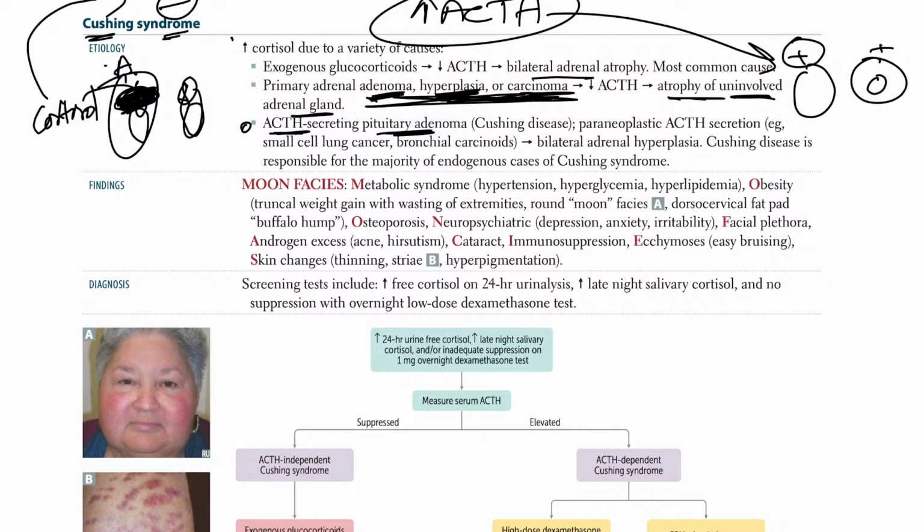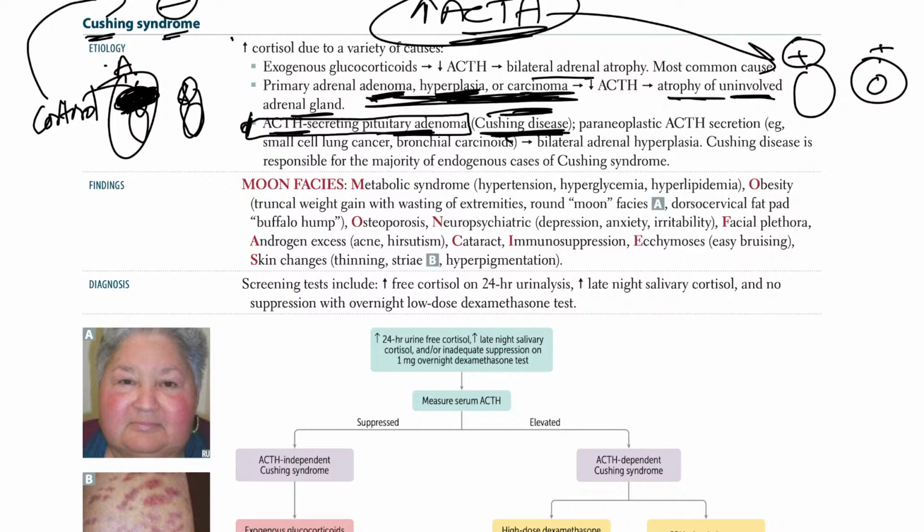So both are going to go into hyperplasia or enlargement, which is known as Cushing disease here. Again, Cushing disease versus Cushing syndrome. What is Cushing disease? Important. Cushing disease is when you have ACTH secreting pituitary adenoma. ACTH coming from top is called Cushing disease.